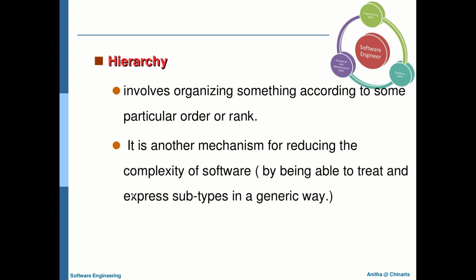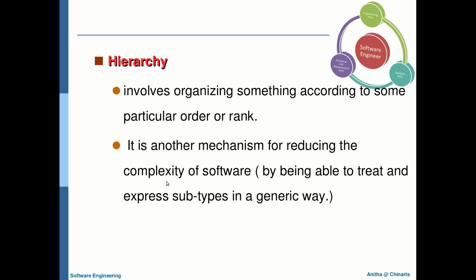Now the next important concept that comes in object-oriented design terminology is what you call hierarchy. Hierarchy involves organizing something according to some particular order or rank, for example the complexity, responsibility, etc. So this is another mechanism for reducing the complexity of the software. How?